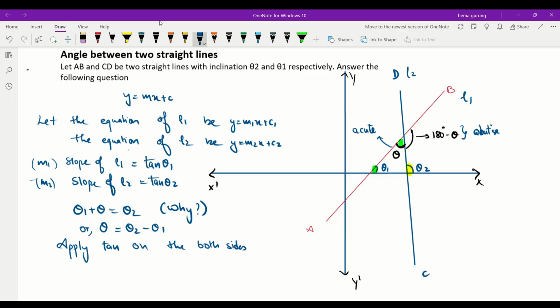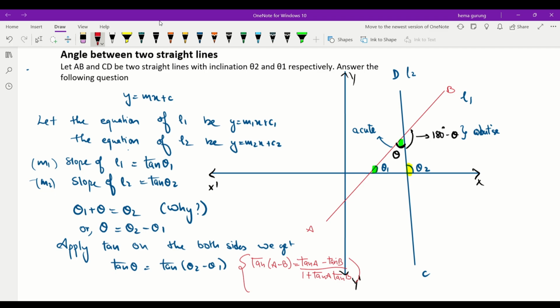So what we will get? We get tan theta is equal to tan (theta 2 minus theta 1). Now here we are going to apply one formula: tan (a minus b) is equal to tan a minus tan b divided by 1 plus tan a tan b.